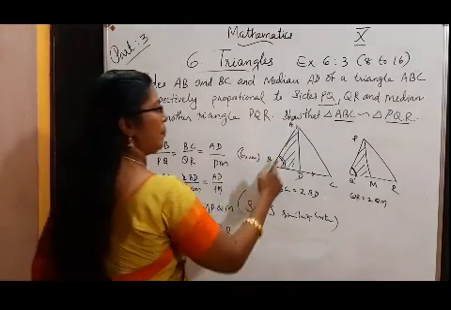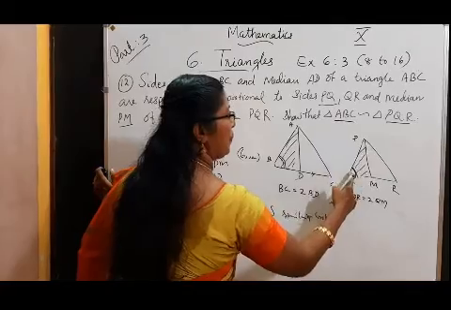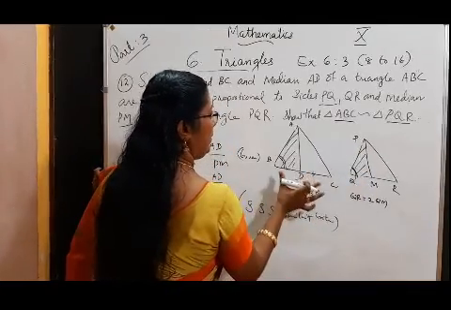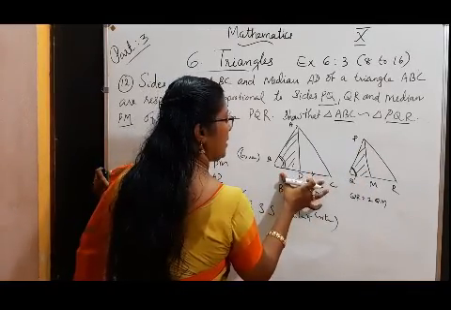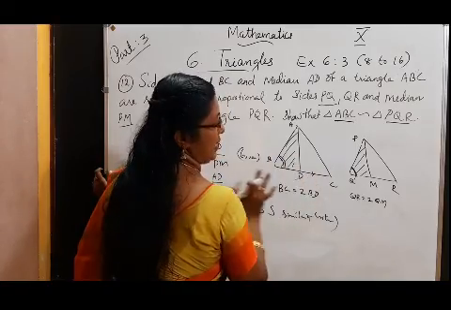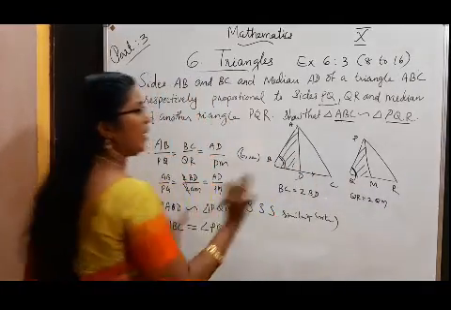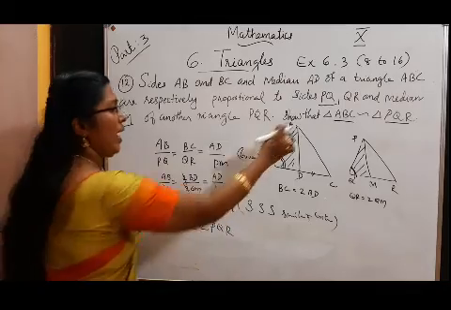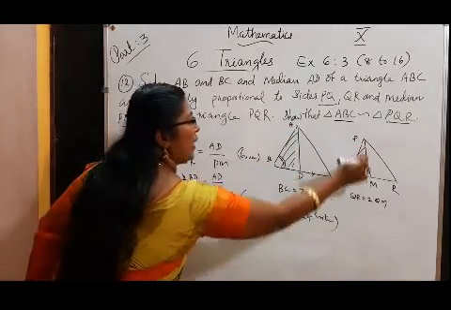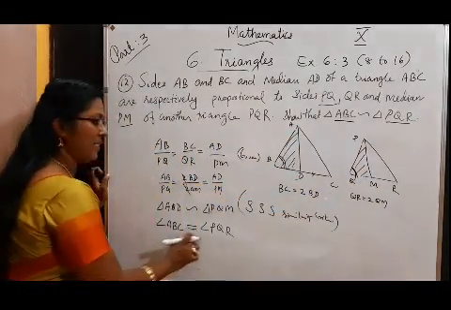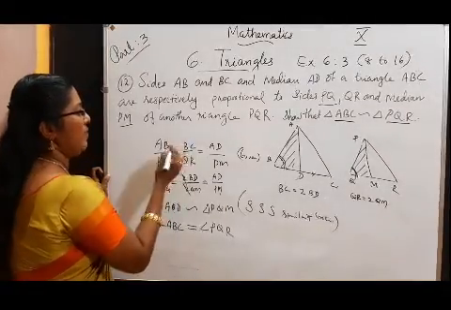BC and BD represent the same line segment, and QM and QR represent the same line segment. So we can write angle ABC equals angle PQR.